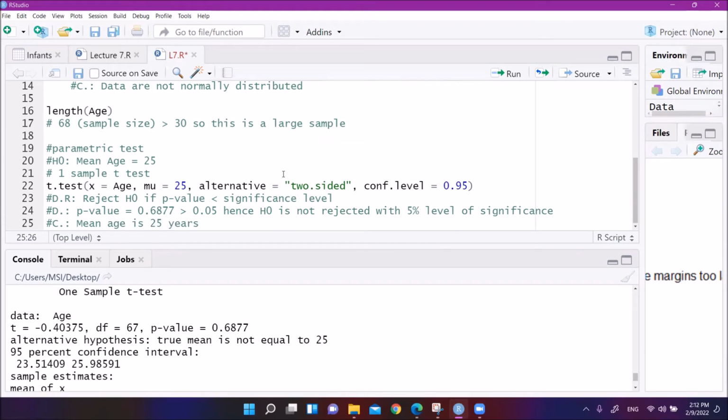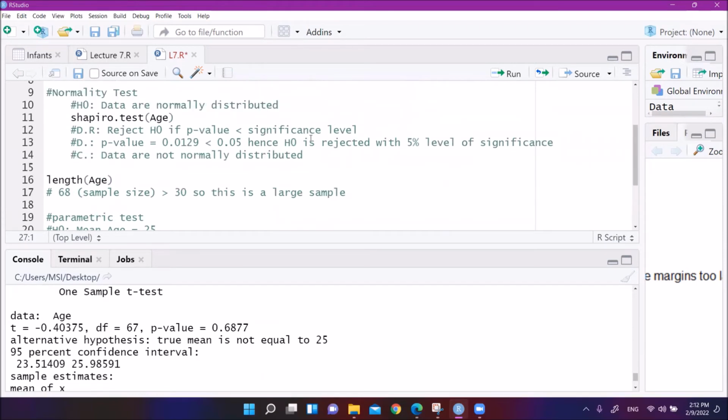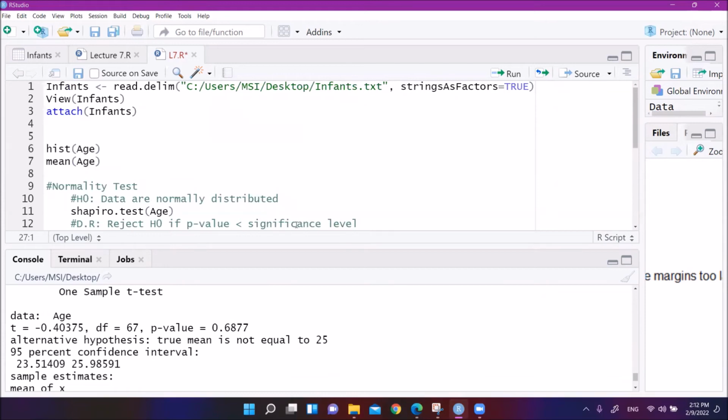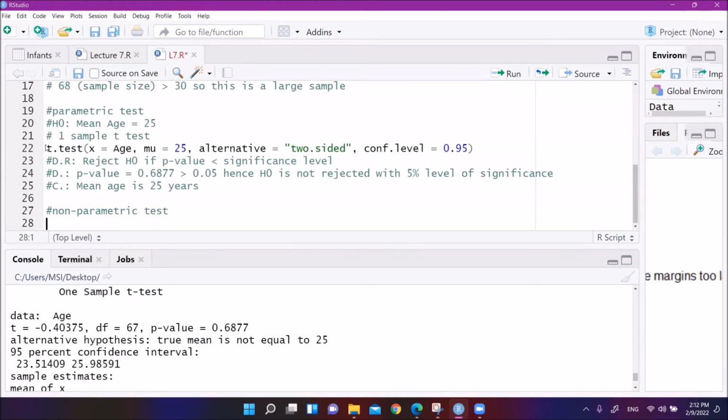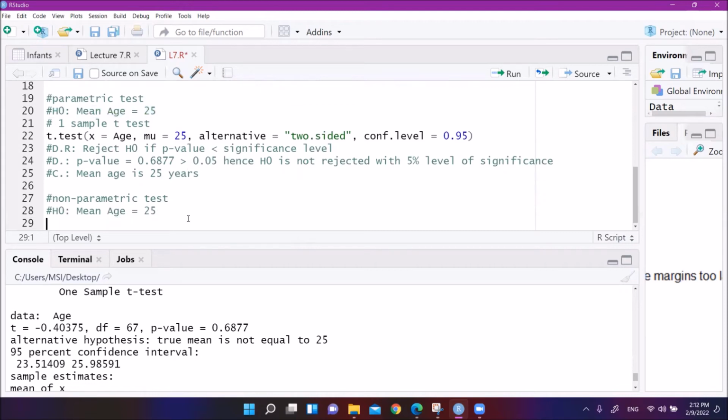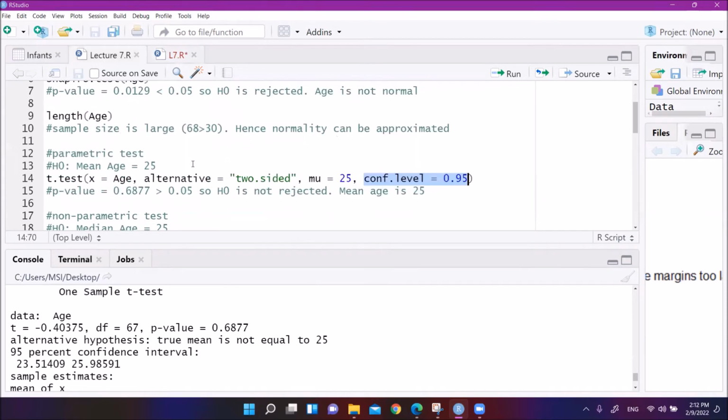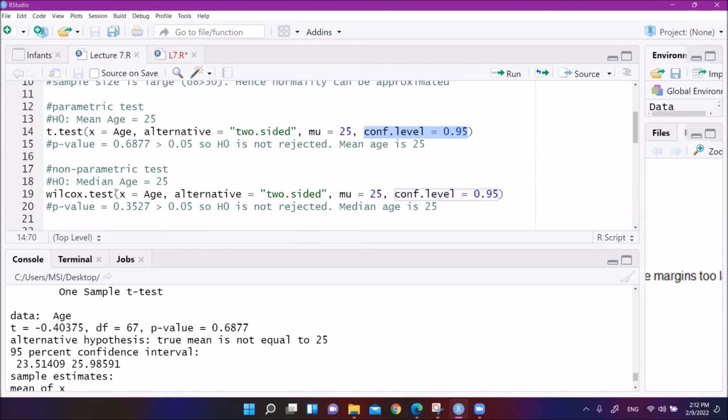Okay. So if somebody decided, okay, this is not normally distributed, I want to go for a non-parametric test. How do you do that? Same hypothesis I'm checking. The code is this wilcox.test, right?